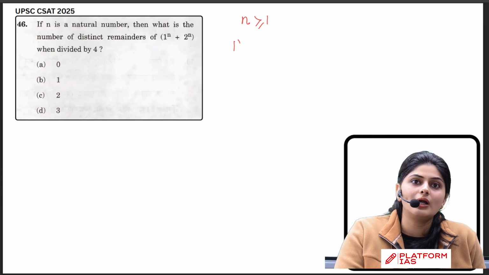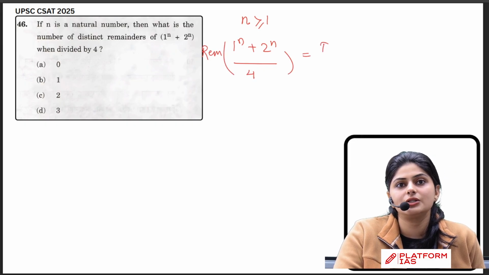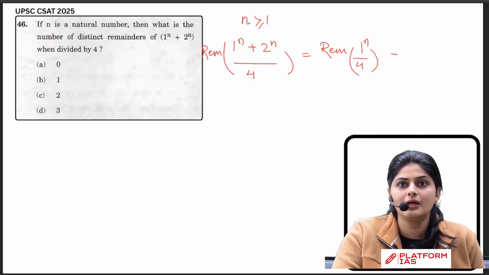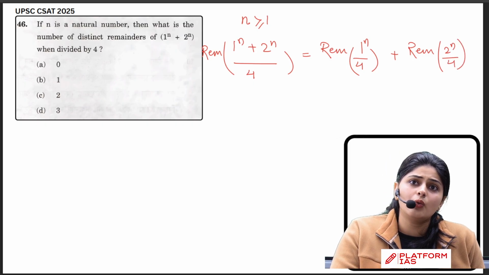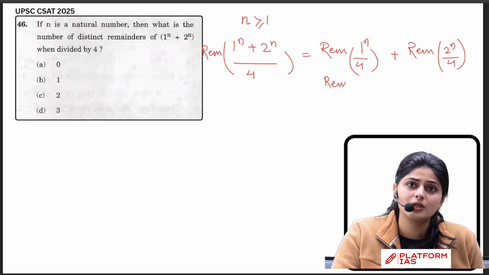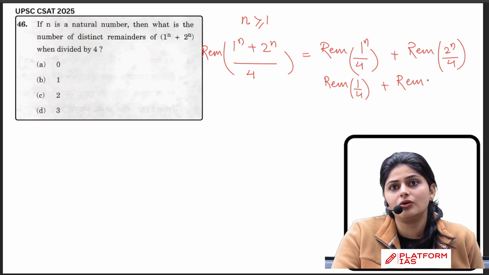Now 1 to the power n plus 2 to the power n is divided by 4, and we need to find the remainder. Using the remainder theorem, we can write that it is remainder of 1 to the power n over 4 plus remainder of 2 to the power n over 4. Now 1, if multiplied n times, will just give me 1. So it is basically remainder of 1 over 4 plus remainder of 2 to the power n over 4.